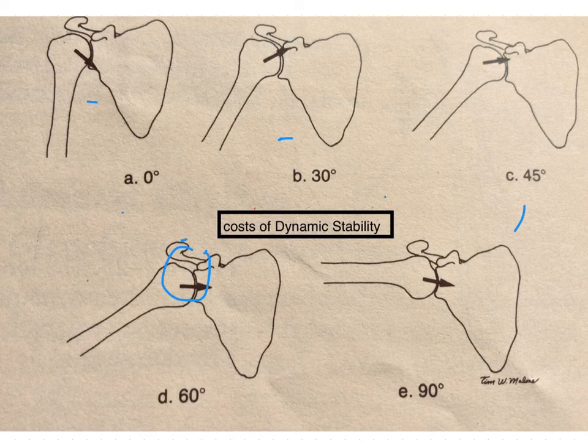So the supraspinatus muscle plays a key role in maintaining the glenohumeral joint's static stability as well as its dynamic stability. In the case of dynamic stability, it occurs at the cost of supraspinatus function and supraspinatus structure compression.